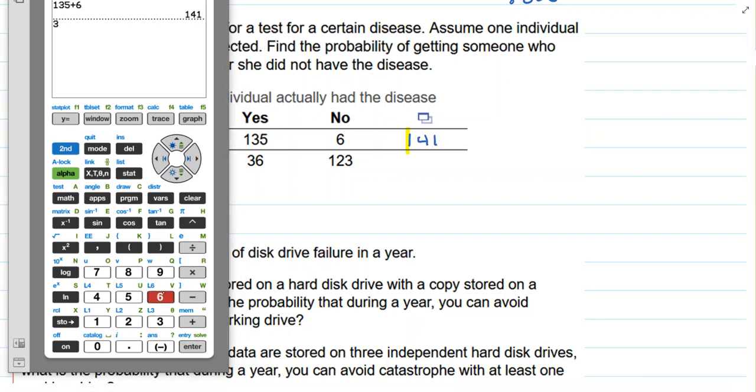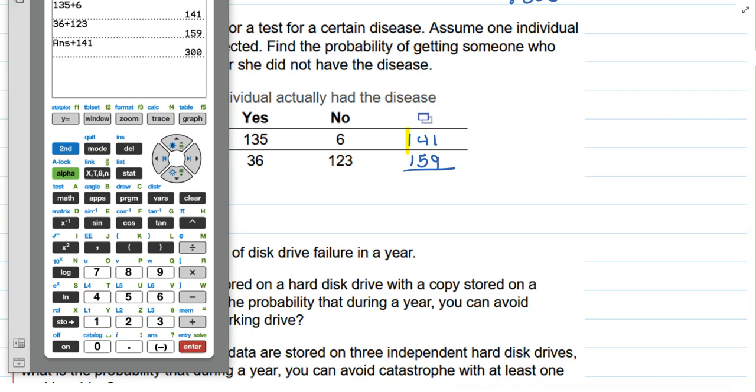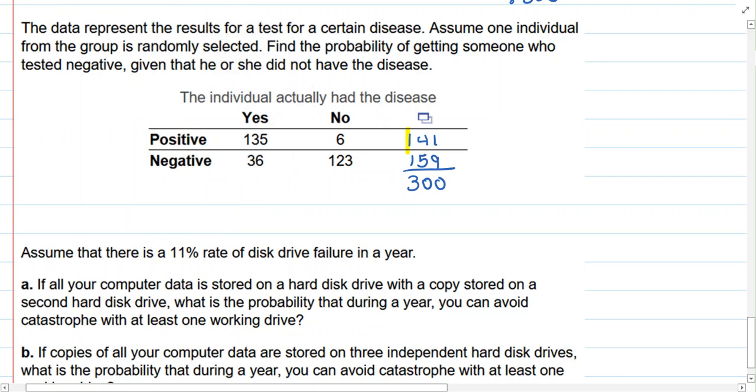Uh, 36 and 123. All right, and it looks like 300, but I'm going to do the math. 300 in our sample space. All right, so let's read.